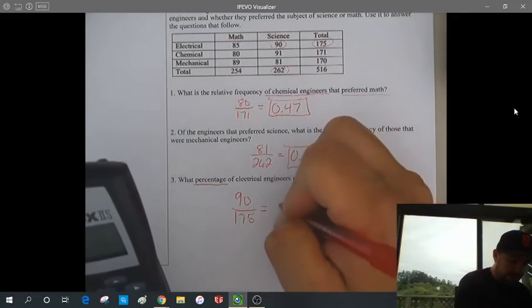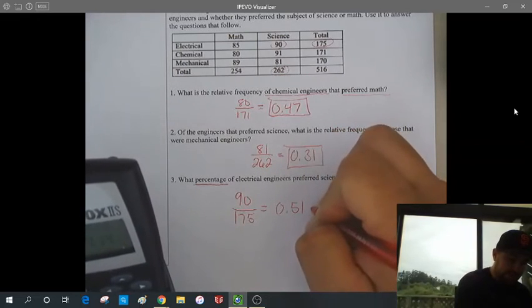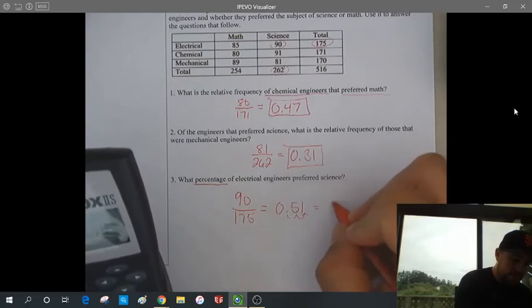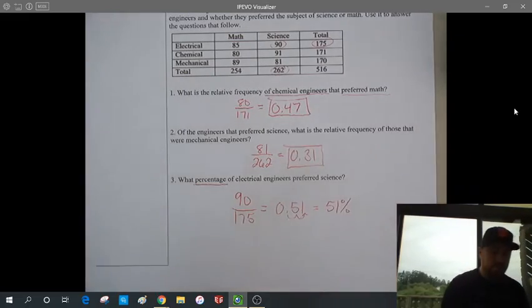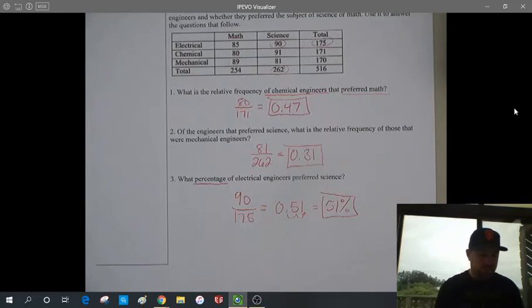After rounding, that gives me 0.51, which, to convert to a percentage, I need to move that decimal place over 2 places to the right. And that gives me now a conditional relative frequency, because it's out of a specific total number, of 51%. So 51% of the electrical engineers preferred science. That's how I interpret that.